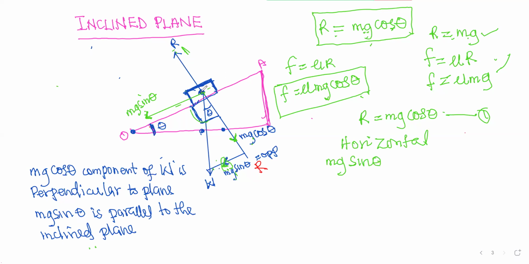What is its counterpart at the opposite end? Do we have any force balancing mg sin theta? Class, do we see any force balancing mg sin theta? No, sir. So along the plane, mg sin theta is unbalanced.